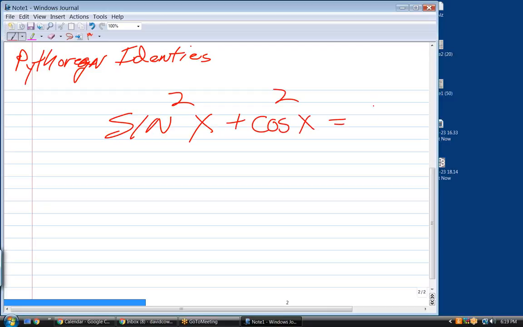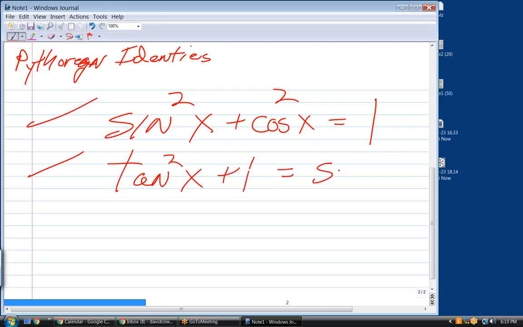Okay. 1. Oh, 1. Okay. Yeah, memorize that. And the second one you have to memorize is tangent squared plus 1 equals secant squared. Okay? And then there's one third one, but you can figure it out.